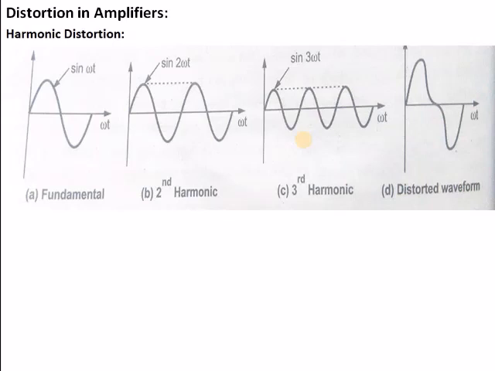Due to such non-linearity in the dynamic characteristic of the transistor, the waveform of the output voltage differs from the input signal. Such a type of distortion is called non-linear distortion, or it is also called amplitude distortion or harmonic distortion.